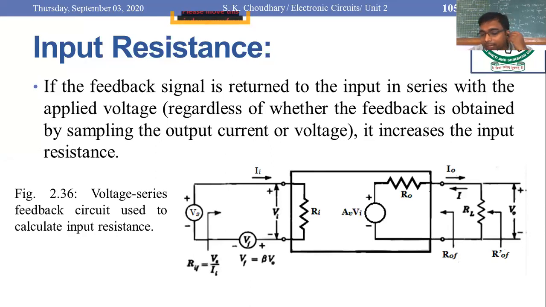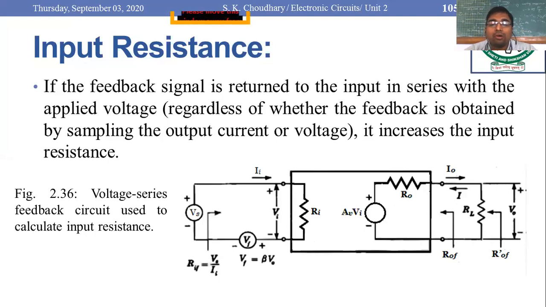So here we will talk about the improvement in the input resistance. This improvement means what? Either your input resistance could be increased or decreased, depending upon the type of mixing we are doing. We have learned there are four types of negative feedback topologies: voltage series feedback, current series feedback, voltage shunt feedback, and current shunt feedback.